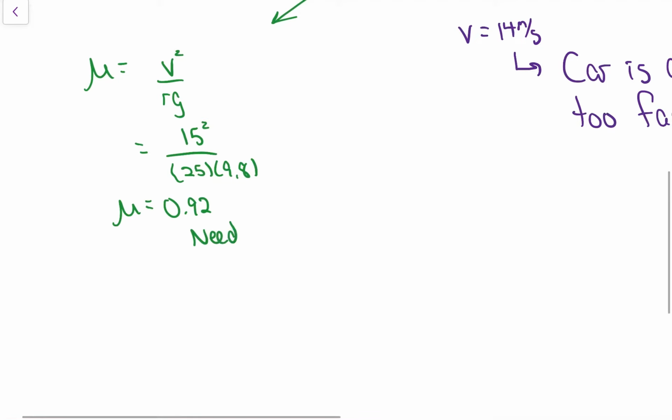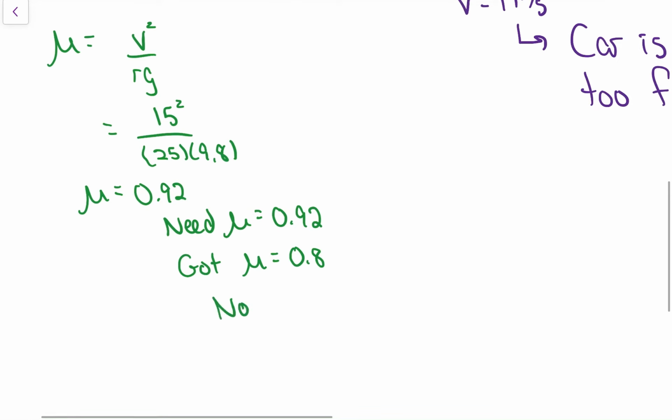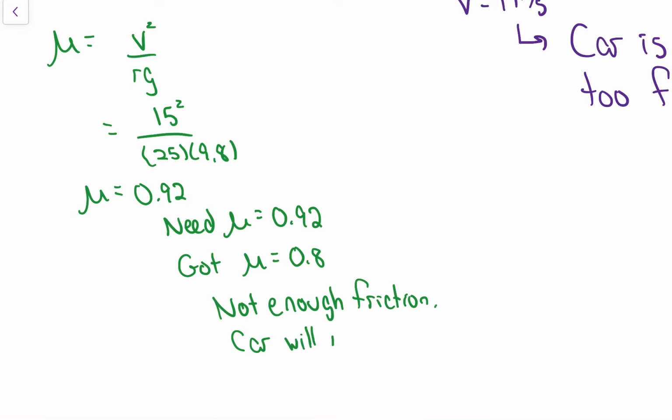This tells us the friction that we need. But we've only got mu equals 0.8. We needed 0.9, we've only got 0.8, we don't have enough friction. The car's not going to make the curve.